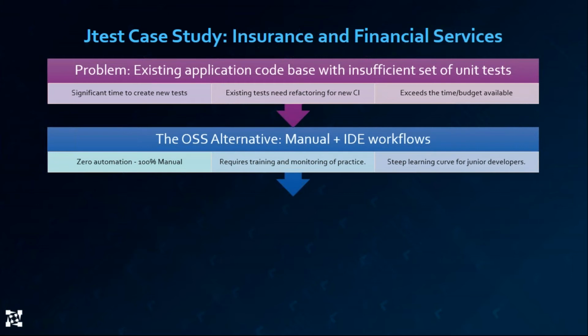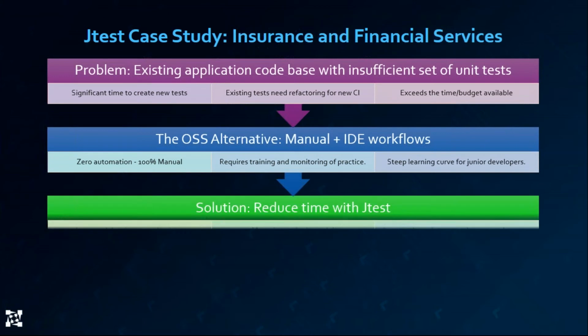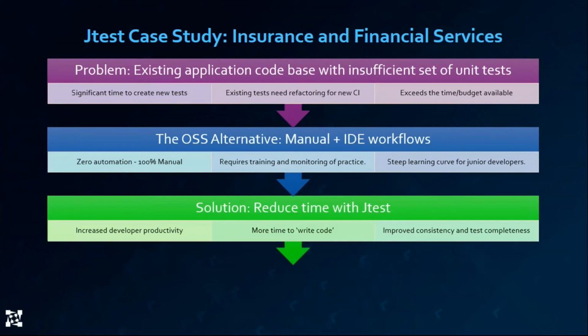The problem was there was zero automation, and they needed to scale the team very quickly to achieve this migration strategy. That meant bringing in junior developers as well as developers not used to the code base. So there was a steep learning curve, and the practice of unit testing was going to need a lot of mentoring and monitoring.